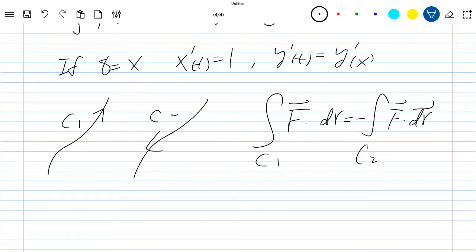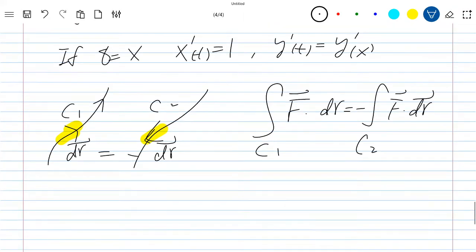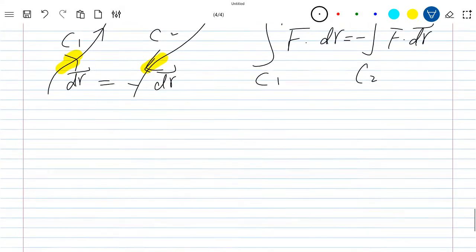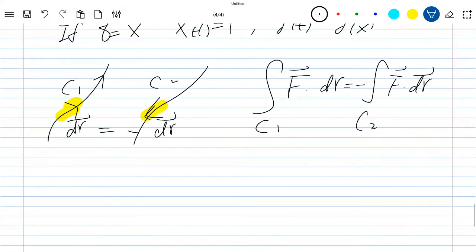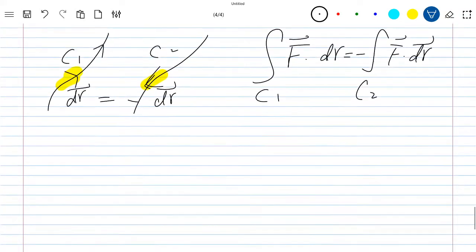Because capital F is the same, but when you move along this curve, each segment has a direction, right? And this dr and that dr as vectors are not the same. They are opposite of each other. That's why the integrals will be opposite of each other. All right? So that's something very different from the scalar integral. This is a vector integral. You have to specify the direction, otherwise you will get the opposite answer.